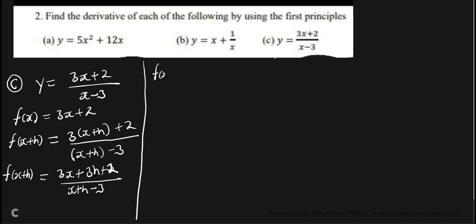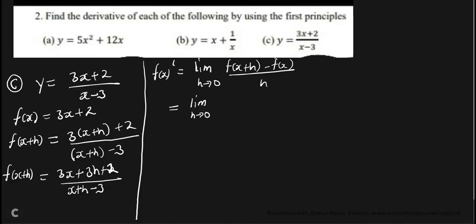So f prime of x equals the limit as h approaches 0 of f of x plus h minus f of x, over h. Now let's bring everything down here. So it will be equal to the limit as h approaches 0.